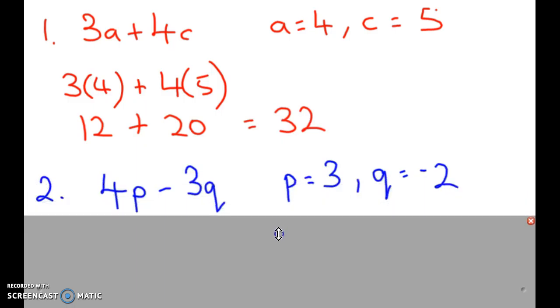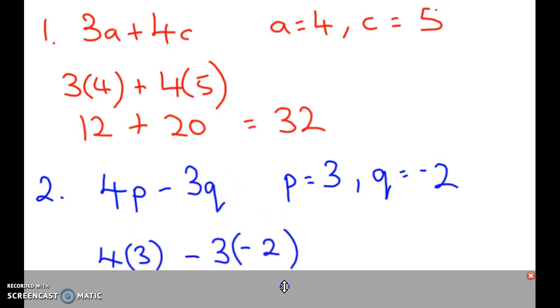It gets a little bit trickier if one of your terms is negative. So 4p should be straightforward enough. 4 times 3 is 12. But then we've got to subtract 3 times minus 2. Now 3 times minus 2, positive times negative, is negative.